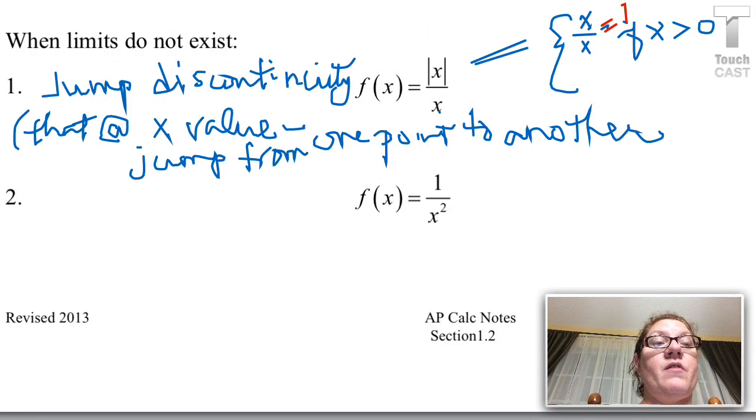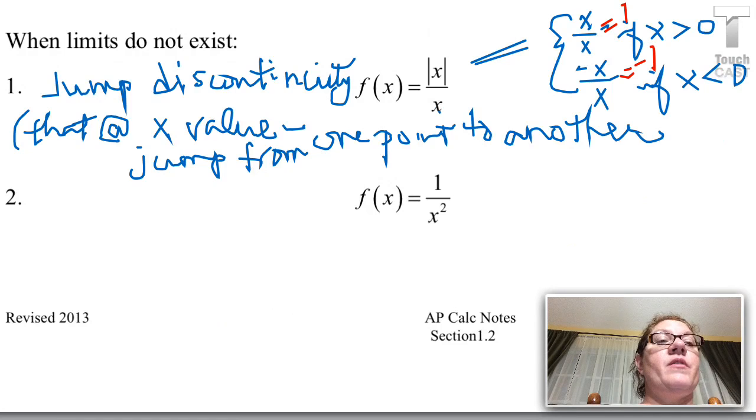And the inside stuff will be negative, so I'd have a negative of the inside stuff if x is less than 0. Remember, I'd take the opposite. So x would already be negative, and then I'd take the opposite of it. That's why I write -x. And then that reduces to -1.